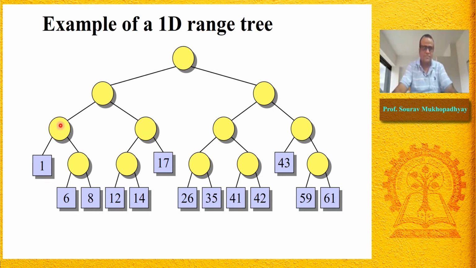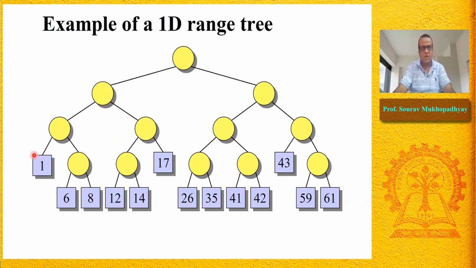Any idea? What value should we give to make this a search tree? Can you put 7 over here? A number between 1 and 6. Yes, any number between 1 and 6 will work.